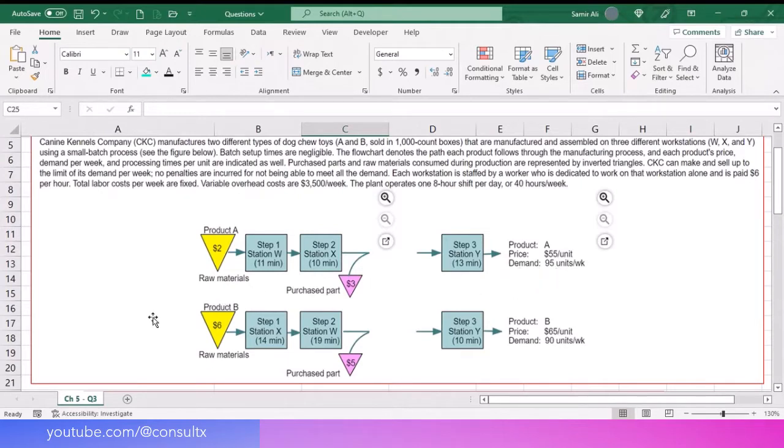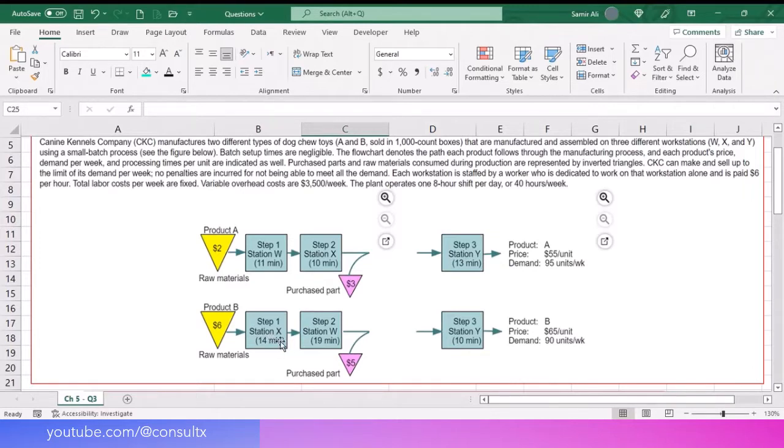Now the flowchart for product B: a $6 material is inputted into step 1, and the first step is station X, which is 14 minutes. Now if we look at product A, the first step was station W, whereas in product B, the first step is station X. So you just have to be really careful when reading the question so that you can answer the problem correctly.